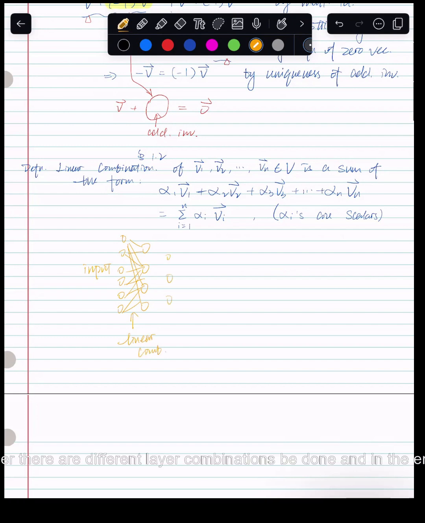For each layer, different linear combinations are done, and in the end we have our output.